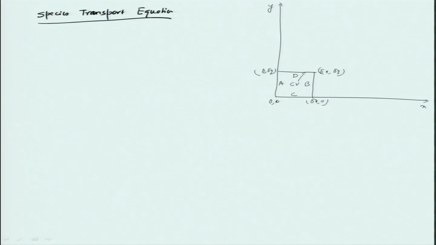Now, what do we have to consider? We have to consider the ith species. That means the mass flux entering due to the ith species is this much, and what will be coming out of here, in the x direction, will be the flux plus its x-derivative times delta x.